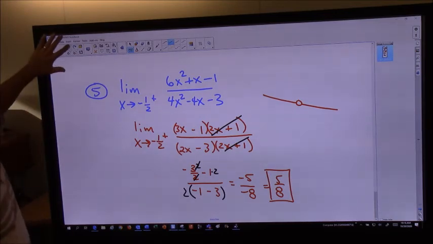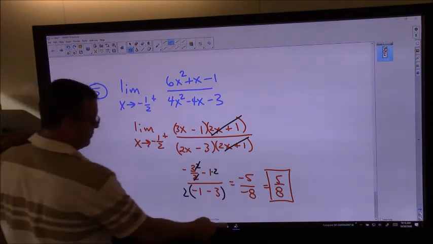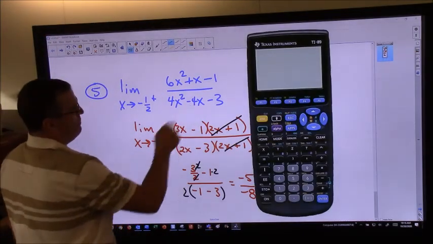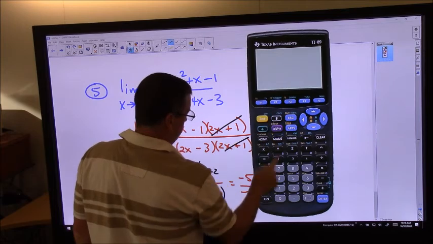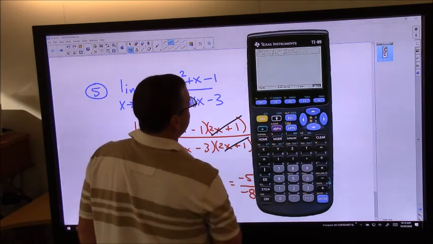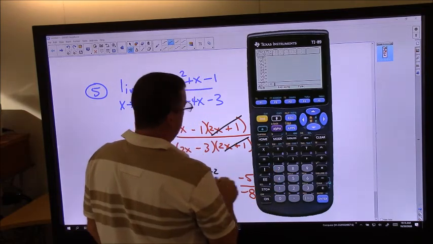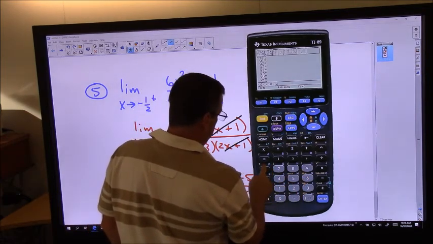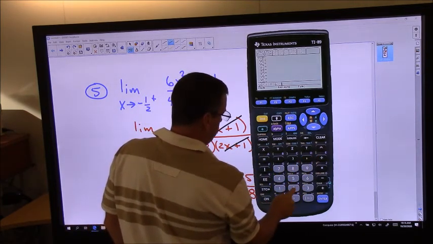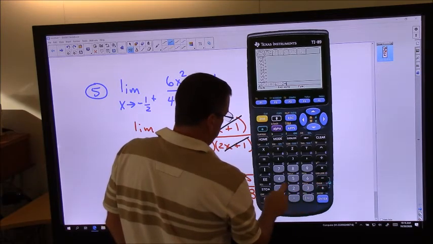All right, so if I wanted to check this on the calculator, I would just graph this original function. We'll clear that. So in the numerator, I've got 6x squared plus x minus 1.